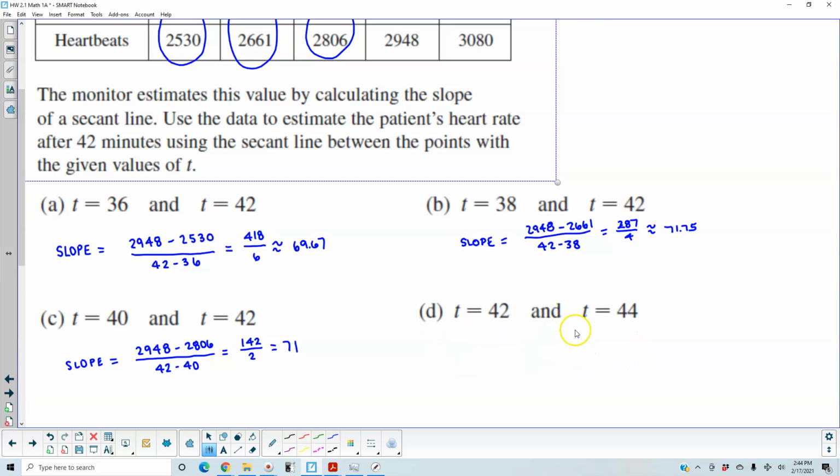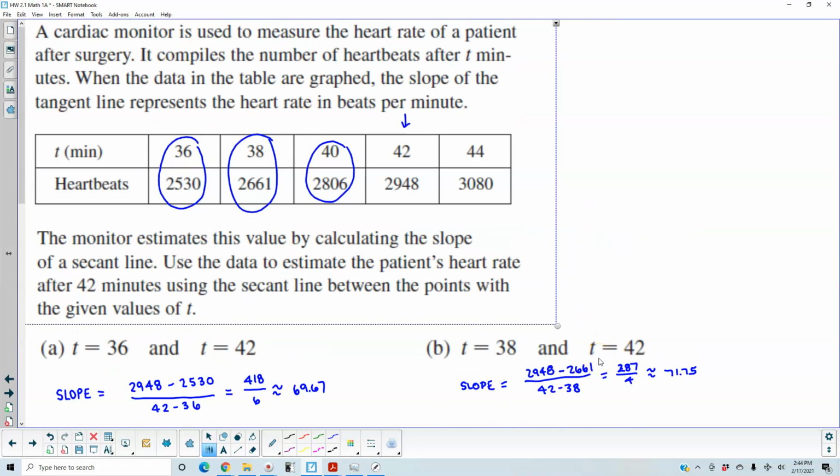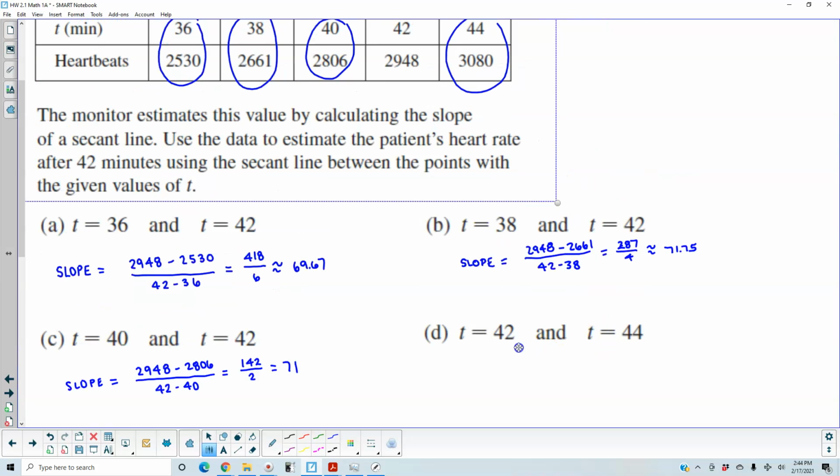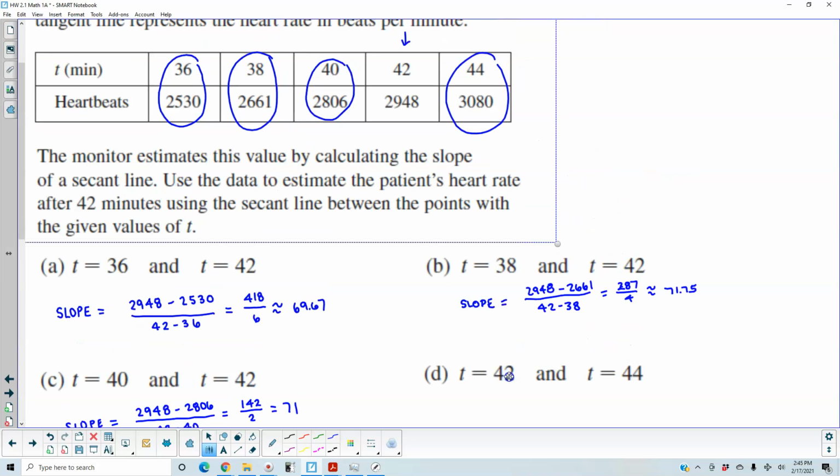And then the last ordered pair that we're using is 44, 3,080. So now we're going from t equal to 42 to t equal to 44. So keep in mind here now, this is going to be the first ordered pair, and that one is going to be the second.